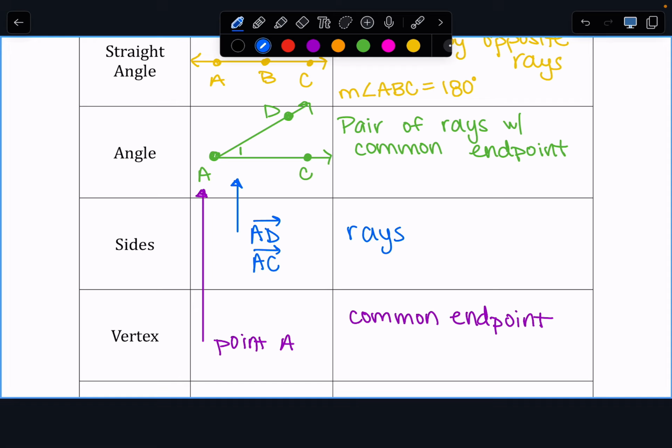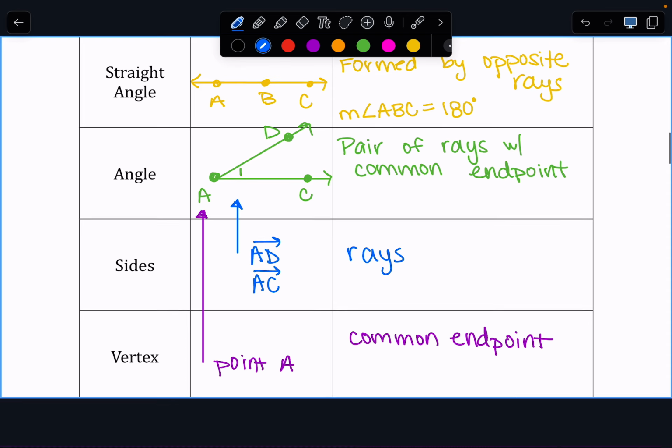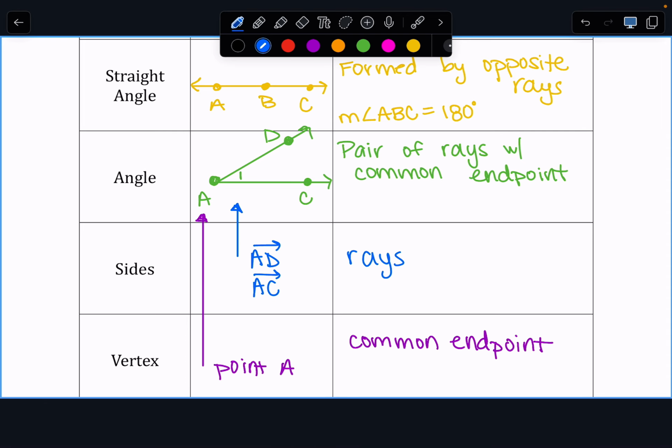Now, I'm going to come back up to the picture of our angle, and I want to talk about how we name our angles. As long as there are no other angles with the vertex, we can name this angle by its vertex.